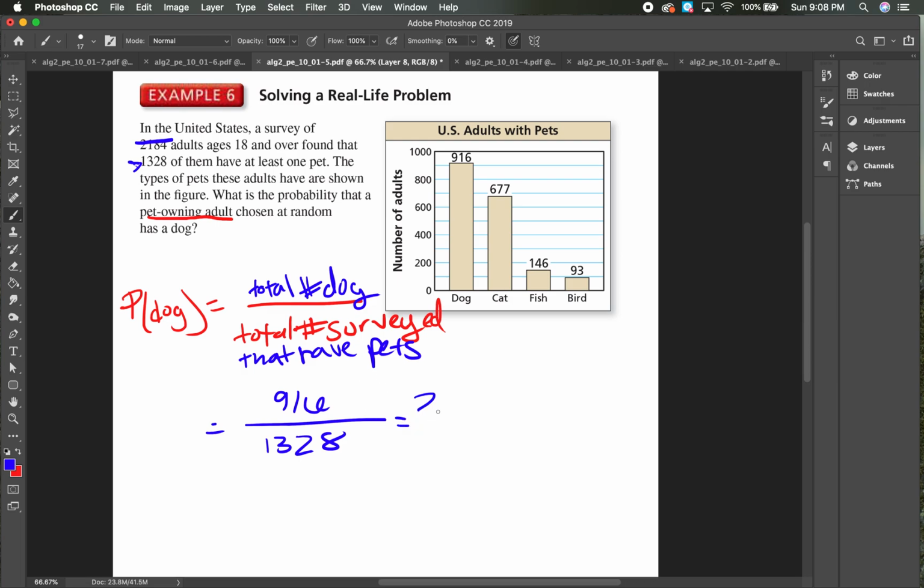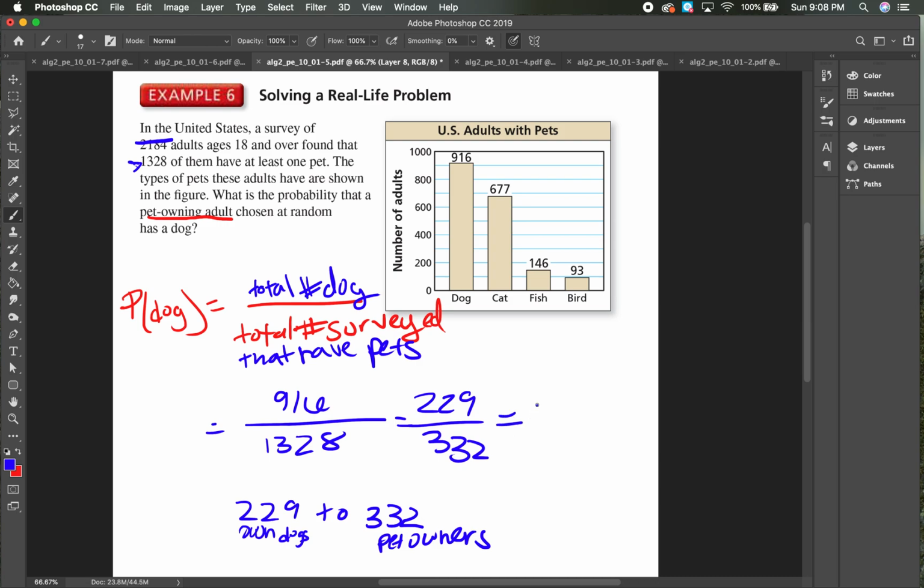Okay, you can go ahead and either simplify it using your calculator if you'd like to. Okay, so this is 229 to 332. So 229 own dogs to 332 pet owners. Or we can go ahead and write this as about 0.7.